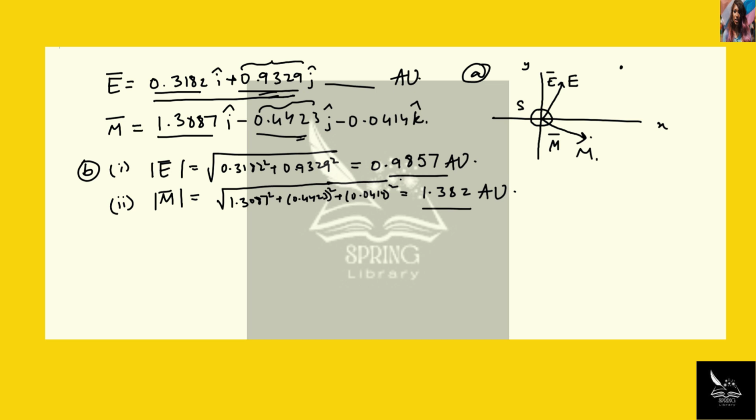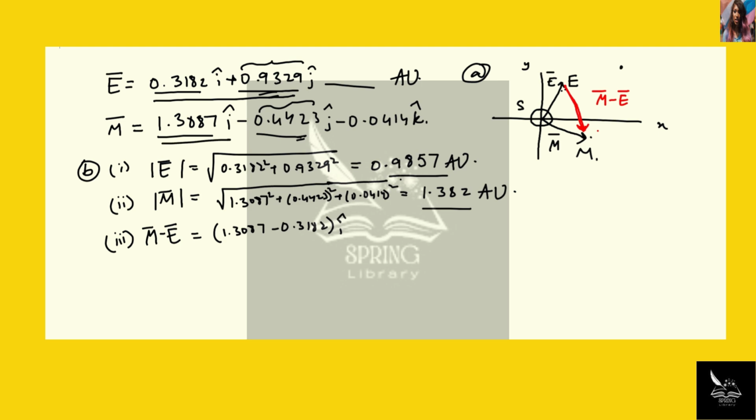Now we want to find the distance between Earth and Mars. So let us consider the difference vector M minus E, which would look something like this. Now we simply need to find M minus E, and M minus E would simply be (1.3087 minus 0.3182) i hat.